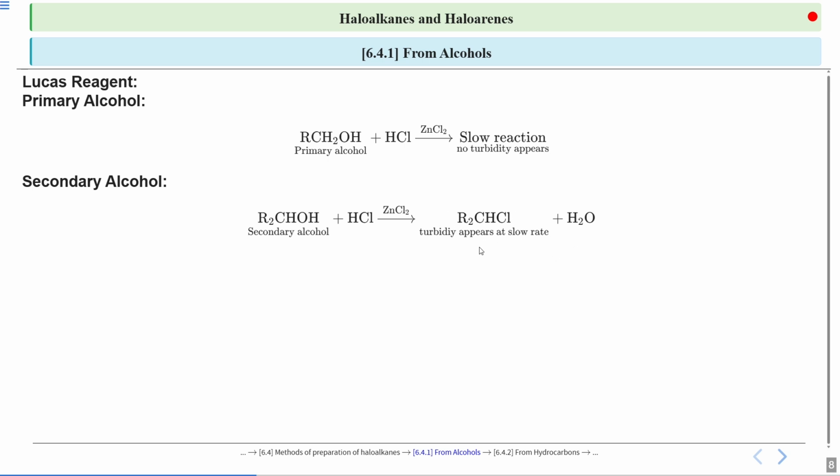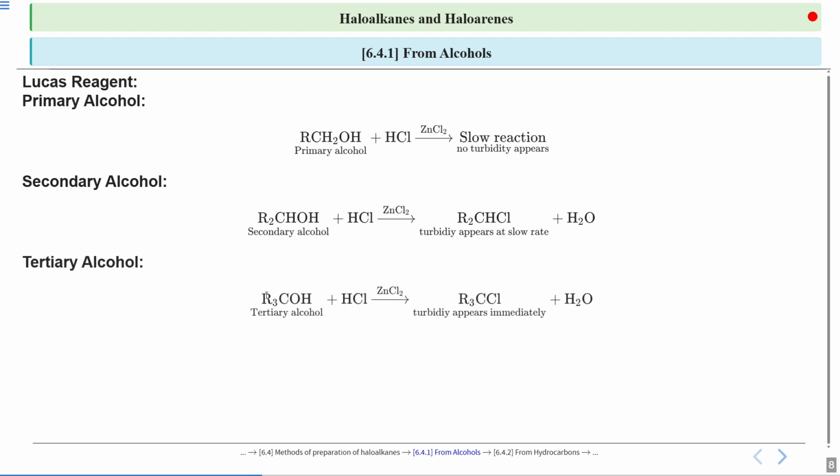Here the reaction happens slowly, and the turbidity appears at a slower rate. We are getting a product, but the rate is very slow in the case of secondary alcohol treated with the Lucas reagent. Now let's see the case of tertiary alcohols.